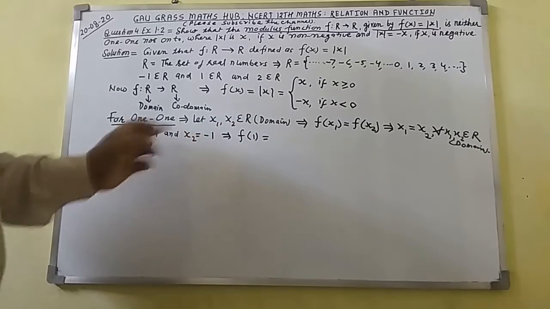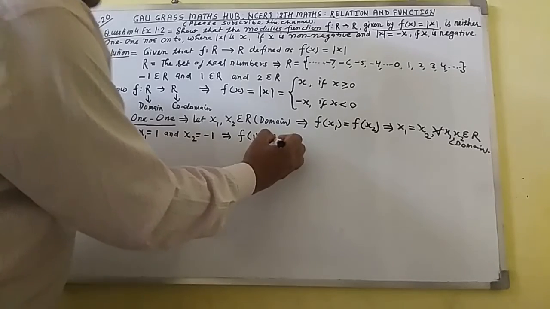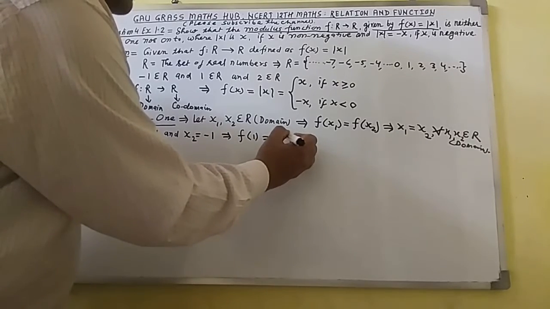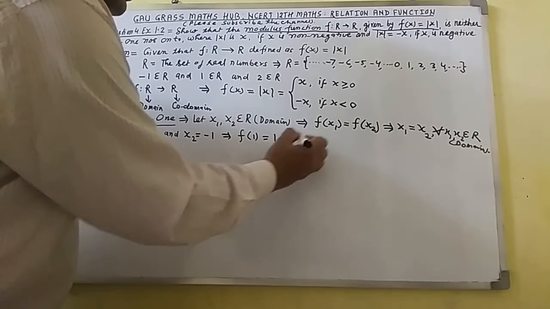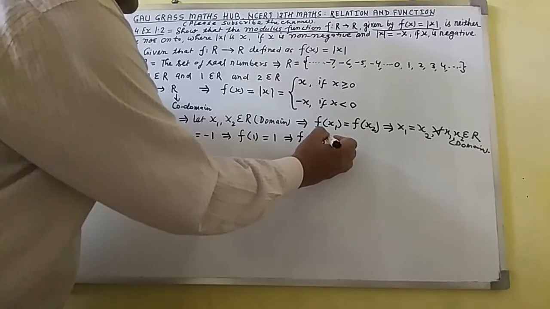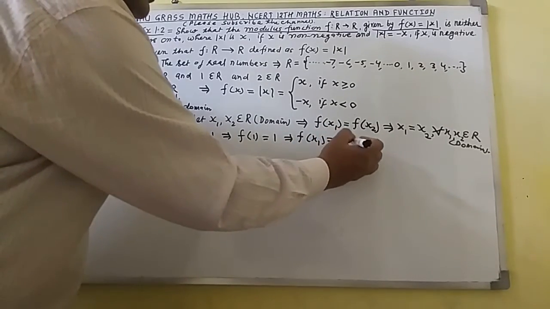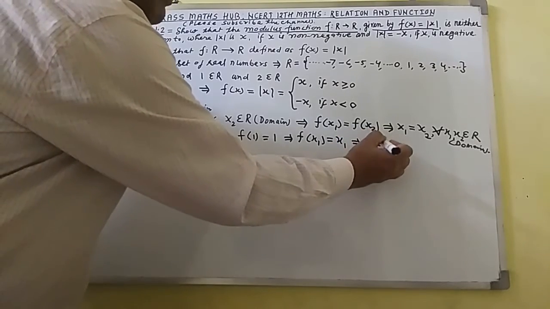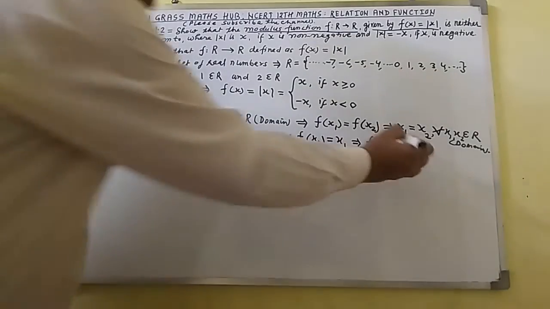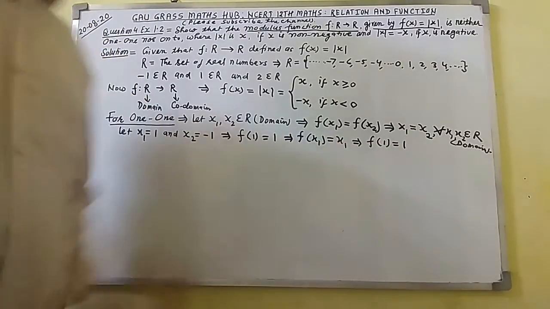So x1 equal to 1 is there. So here I can write 1. Because here you get f of x1 equal to x1, implying that image of 1 equal to 1. Now you have got here the image of 1 is 1.